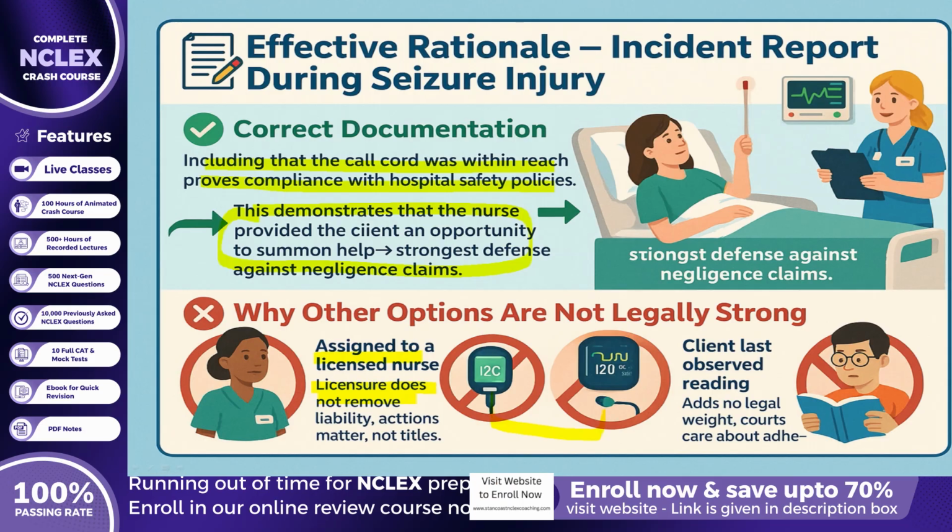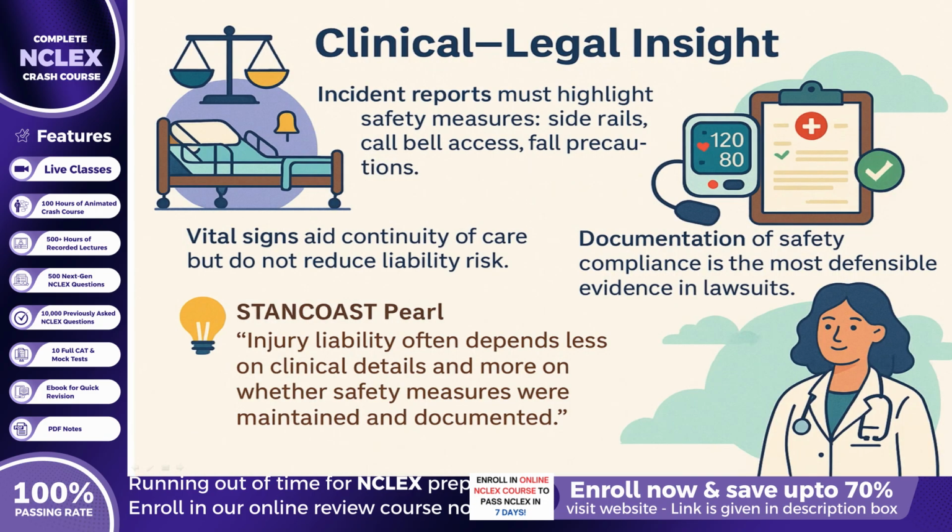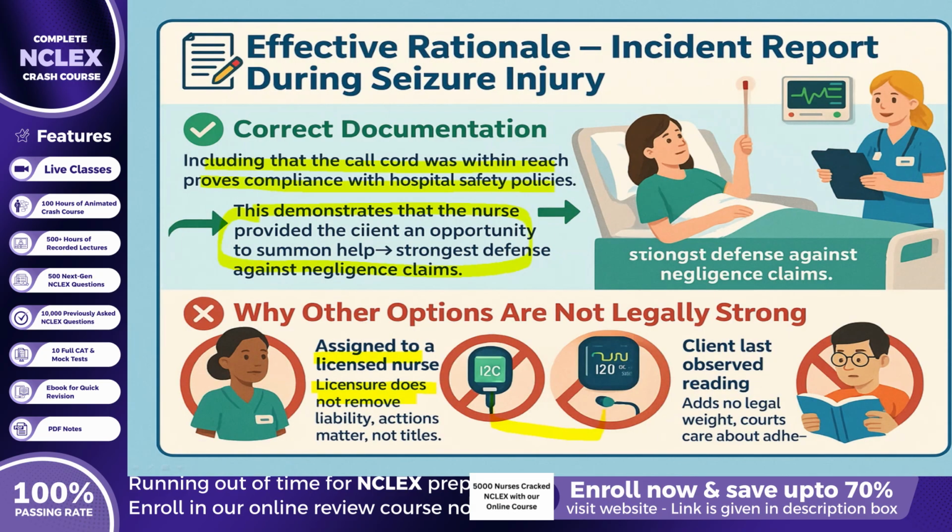Vital signs reflect medical status, not the nurse's compliance with safety measures such as seizure precautions, accessible call bells, or hazard-free environments. Finally, option D, noting that the client was last observed reading in bed, adds nothing of legal weight. Courts and regulatory bodies focus on whether protocols and safety policies were followed, not on a client's leisure activity.